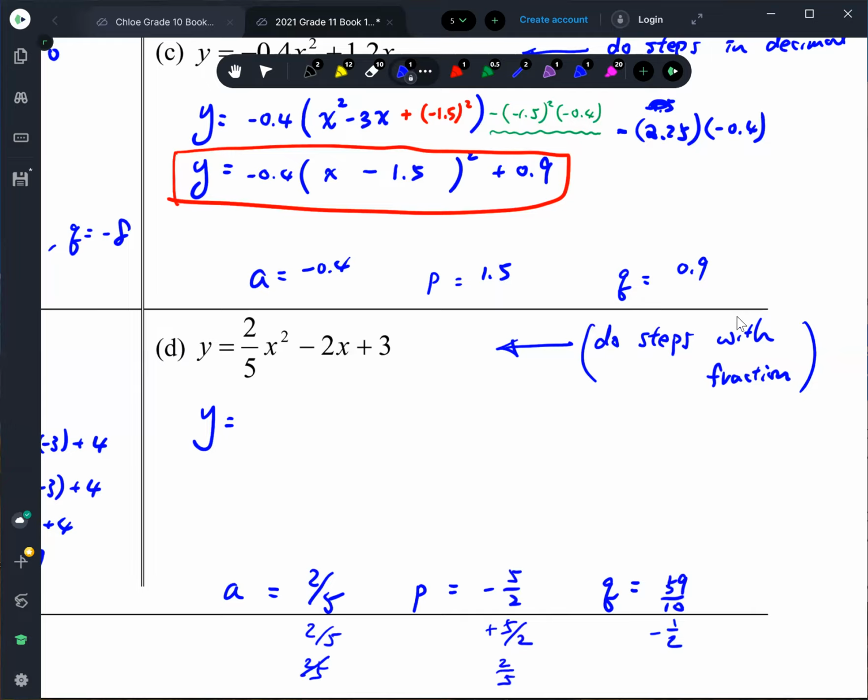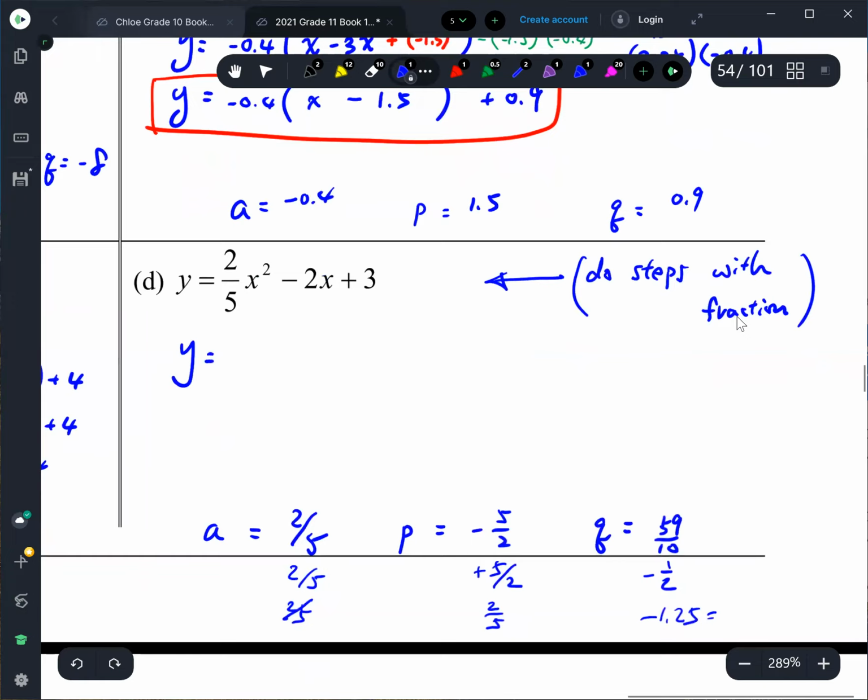I don't know the fraction. Negative 1.25. Do you know how to change that into a fraction? 0.25 is like a quarter, right? So over 4. Negative 5/4. Yeah. Okay.